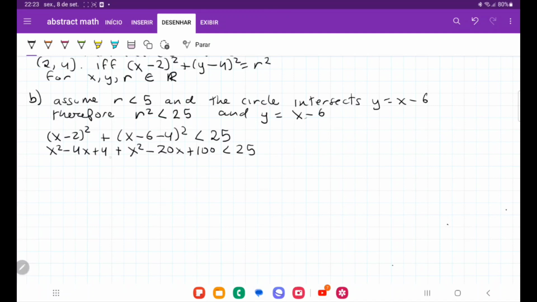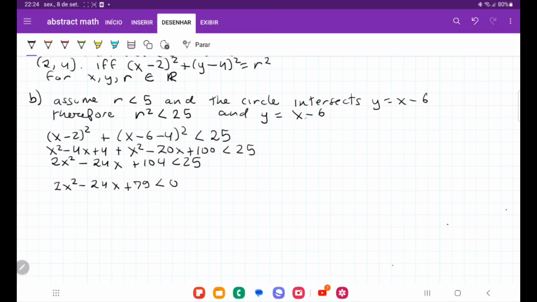And so I'm just going to simplify this. I'm going to get 2x squared minus 4 minus 20, minus 24x. And then I have plus 104 is less than 25. And so I have 2x squared minus 24x, and 104 minus 25 gives us plus 79 is less than 0.